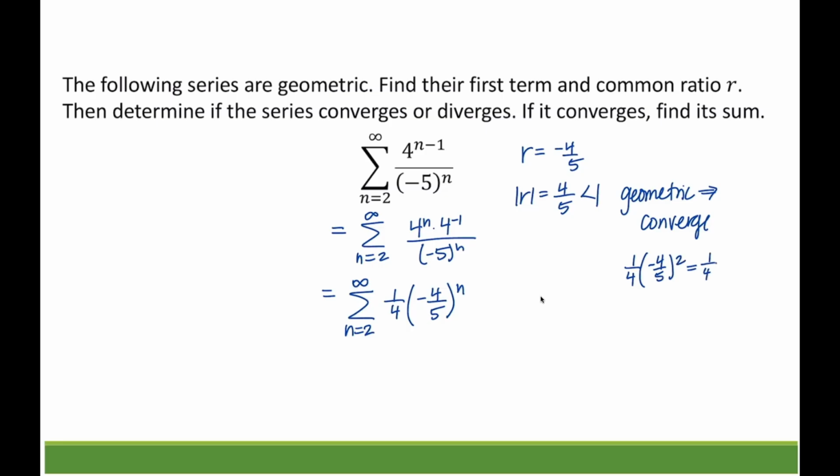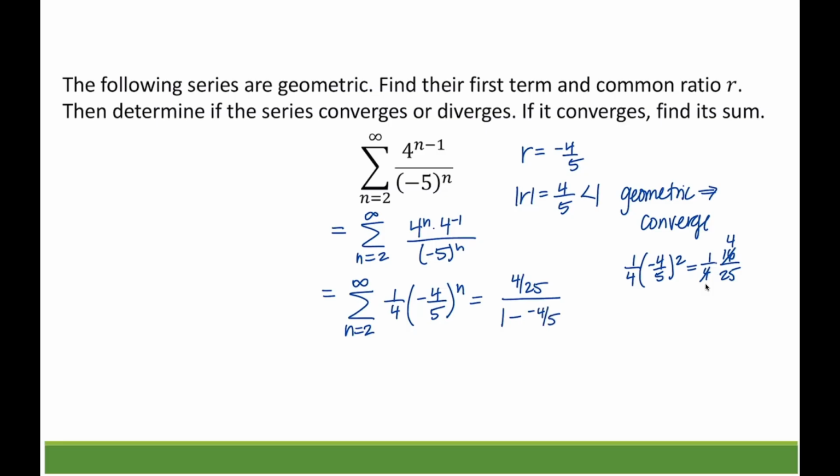That's 1/4 times 16 over 25. Okay, so these reduce here. 4 divides into 16 4 times. So 4 over 25 is my first term over 1 minus negative 4 over 5.